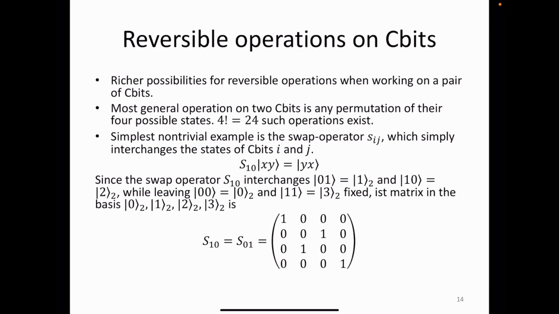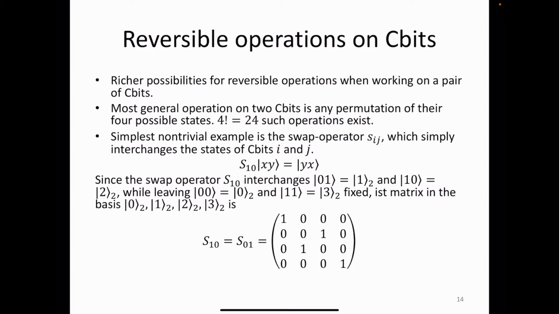So we have richer possibilities for reversible operations when working on multiple bits, be that quantum or classical bits. The most general operation on two classical bits is any permutation of their 4 possible states. The simplest non-trivial example that we look at here is the swap operator S sub ij, which simply interchanges the states of the bits i and j.